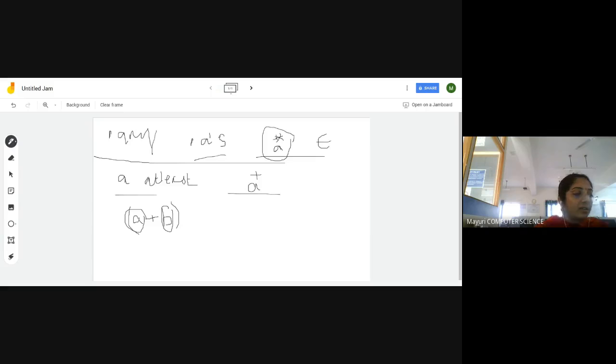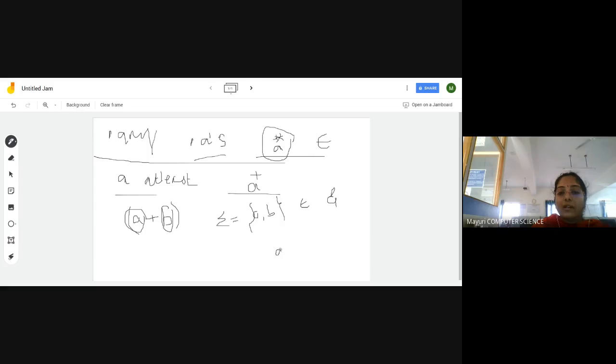What about the set of all strings of A's and B's of any length, including the null string? Here your input alphabets are A's and B's, of any length, which includes epsilon also.